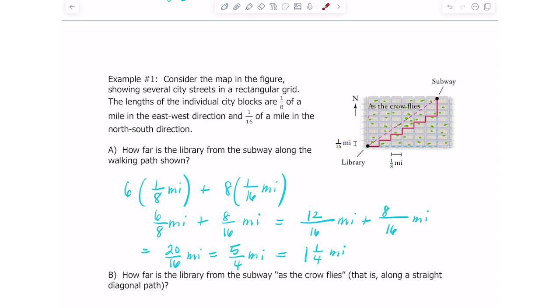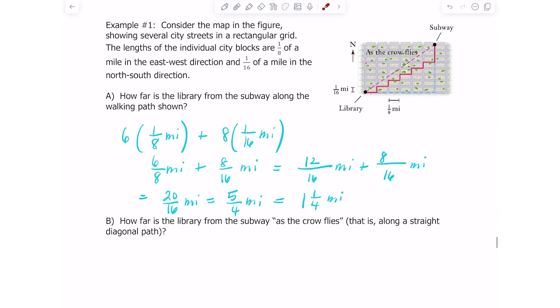So if I was to travel this distance here, the zigzag distance, I would travel 1 1/4 miles. What if I was to go in a straight diagonal path, though? Your book refers to that as the crow flies, right? So from directly from one point to the other in a straight line.